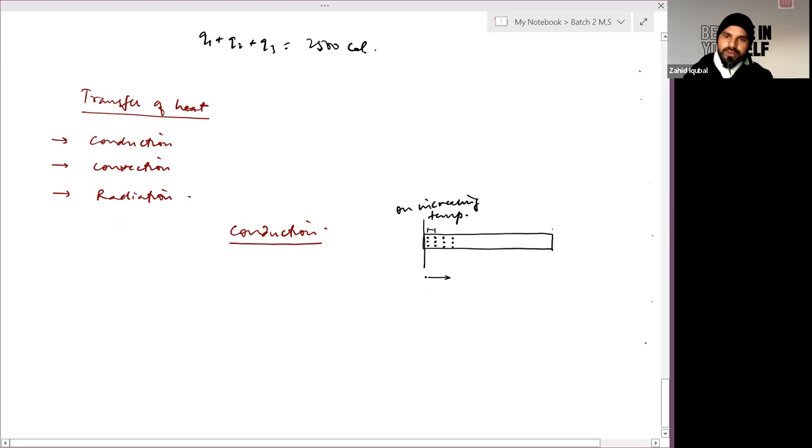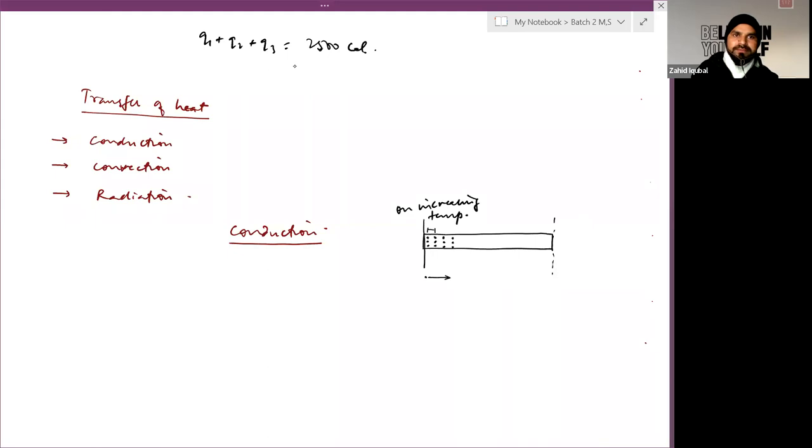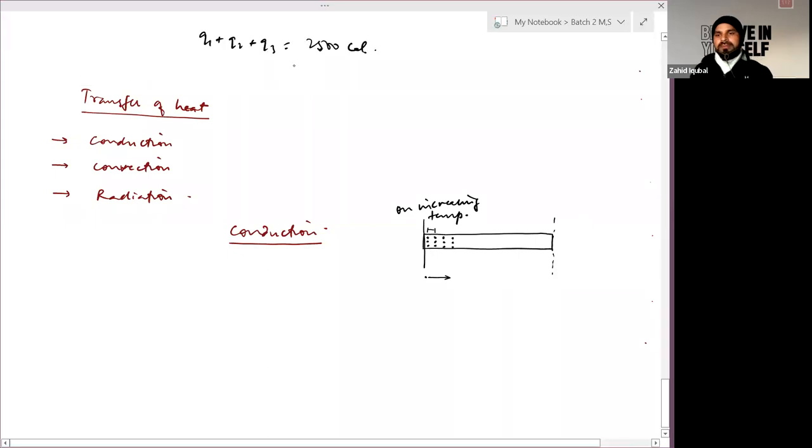This process will continue till heat flows from one end to the other end. This is called the process of conduction, or heat transfer through conduction.